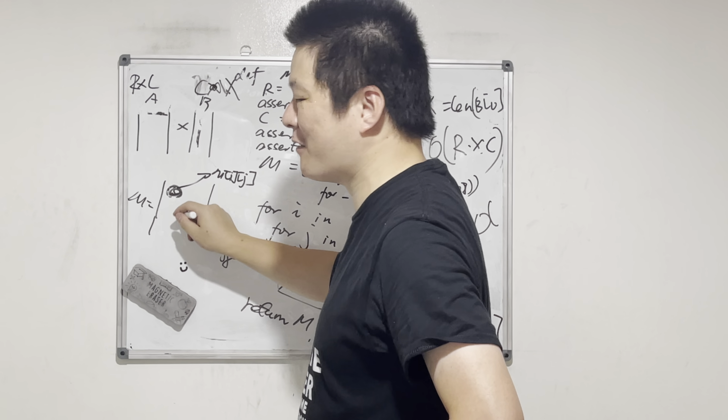Come on, R times X. Yes, well done. Good job. So the space complexity is R times X. Well done. Got it?